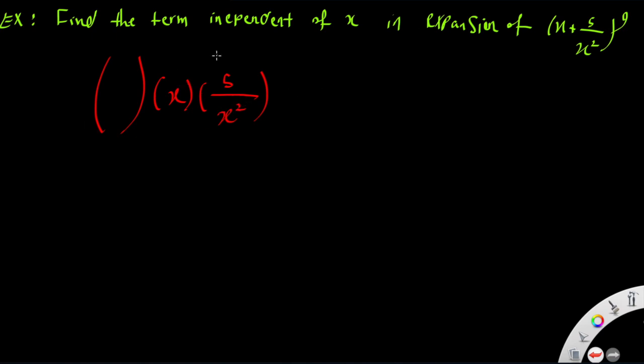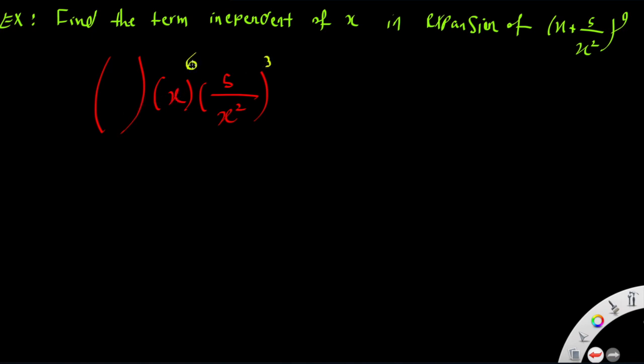So we know that powers add up to 9. I should choose powers so that they add up to 9, and the x terms will cancel out each other. If I put 1 and 8, it won't happen. 2 and 7, it won't happen. 3 and 6, it won't happen. 4 and 5 won't happen. Then 5 and 4 won't happen, but 6 and 3 works.